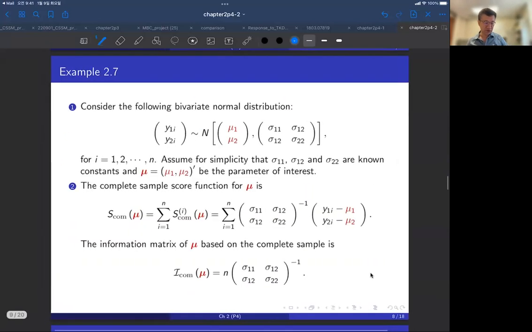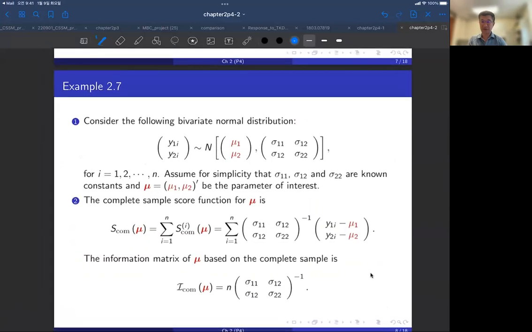Okay. So let's use this Example 2.7 to illustrate the idea. Here is a bivariate normal distribution. We originally have 5 parameters, right? mu1, mu2, sigma 1 1, sigma 1 2, sigma 2 2. So 5 parameters is too much. So let's assume that these are known, and we'll just worry about these two mu parameters.